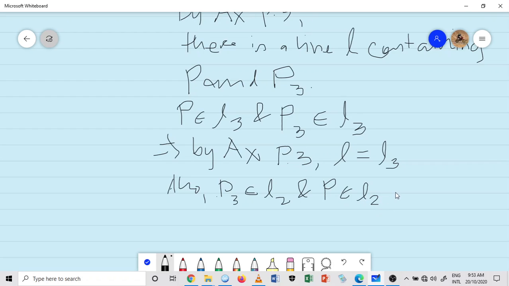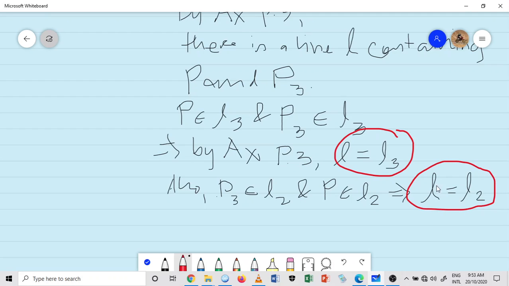So again, this would mean that L is the same as L2. Now we see here that L is L3 and L is L2. So that would mean that L2 is the same as L3, which contradicts the findings earlier that L1 through L6 are distinct lines.